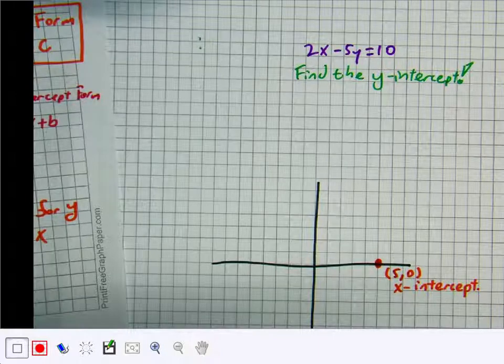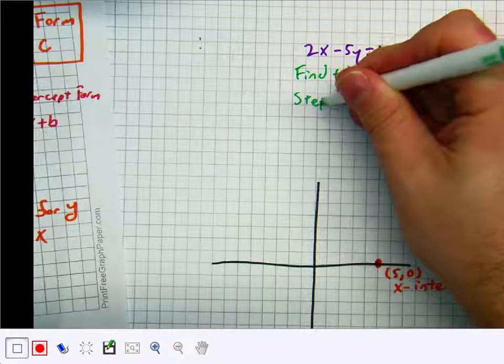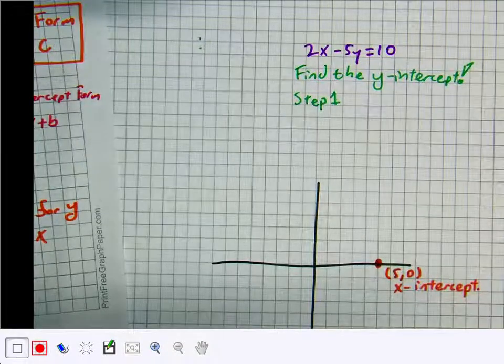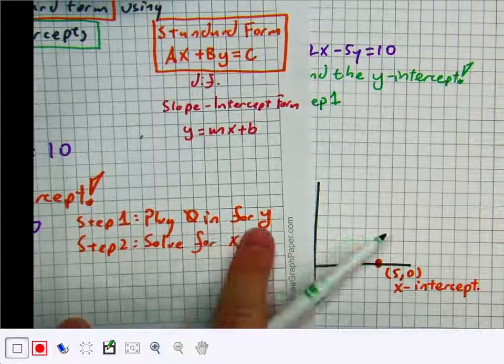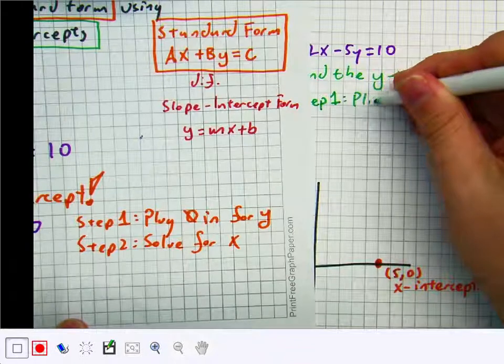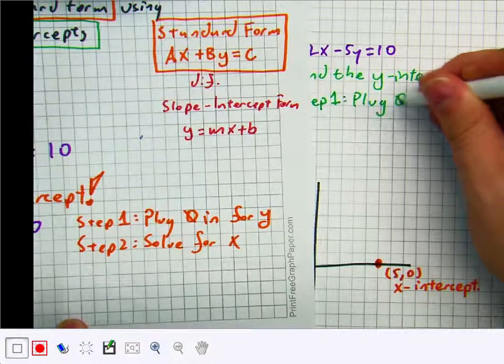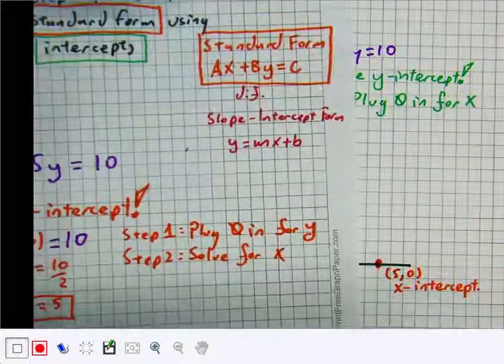Okay. Now looking at our steps for finding the x-intercept, what do you think step 1 is? Yeah. If I plug 0 in for y to get my x-intercept, I'm probably going to do the exact same thing, except this time I'm plugging in for x. Plug 0 in for x.